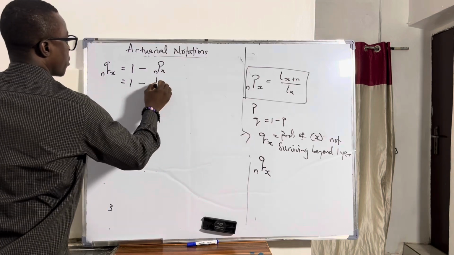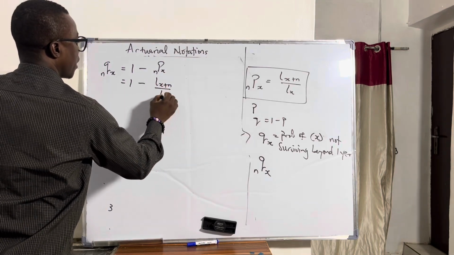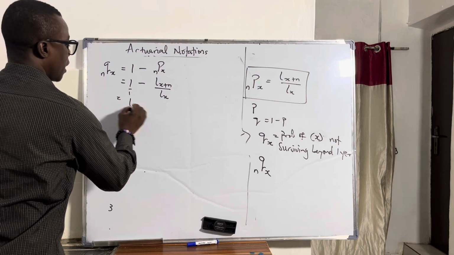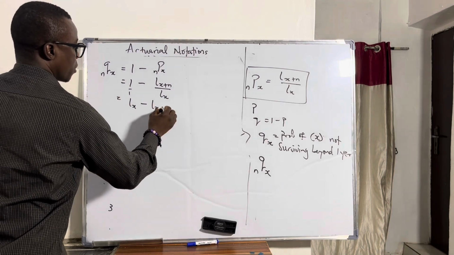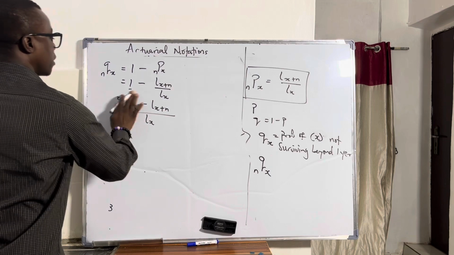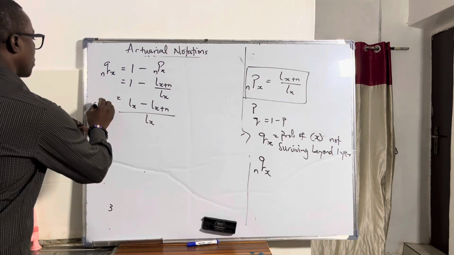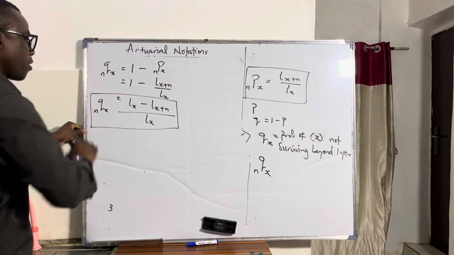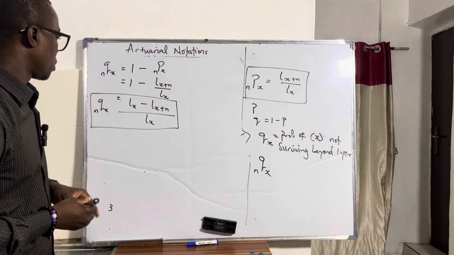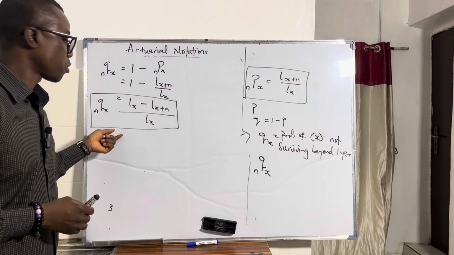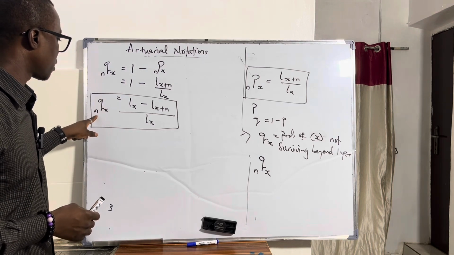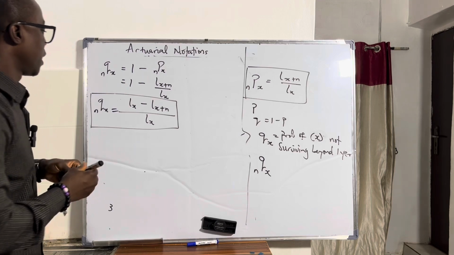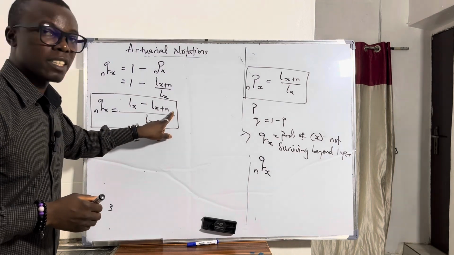So I'm going to say 1 minus lx plus n over lx, which gives lx minus lx plus n all over lx. So I have q x n, another notation, and a formula that I was able to derive. So I have q x n equal to lx minus lx plus n over lx.